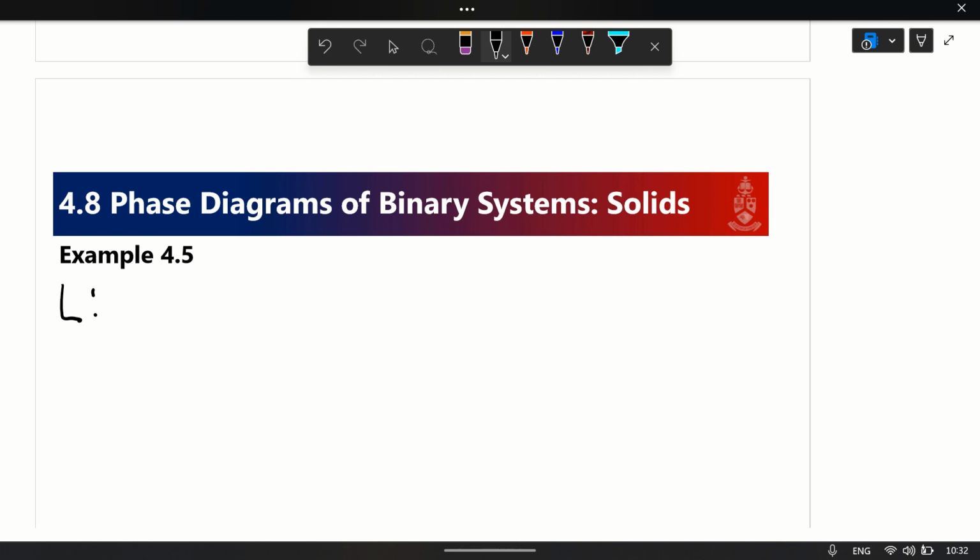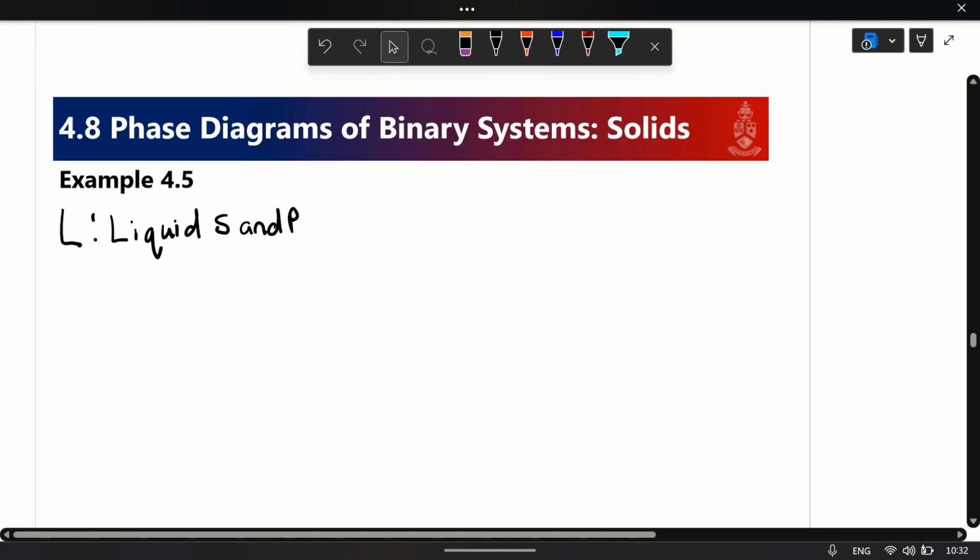But we can say we expect liquid and solid phosphorus, or liquid phosphorus and sulfur, at least.